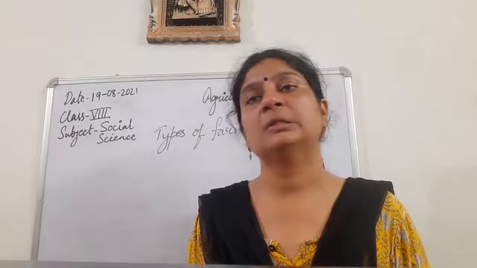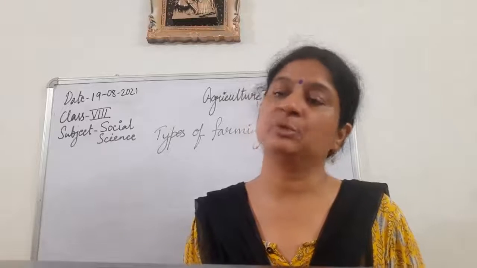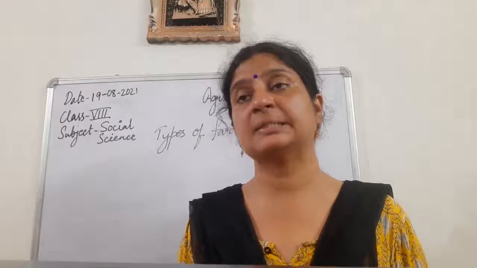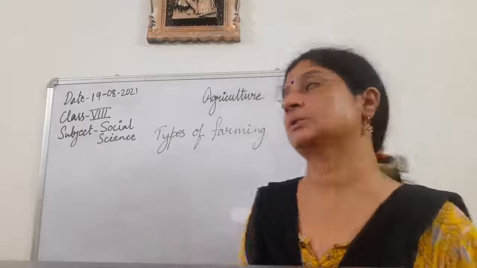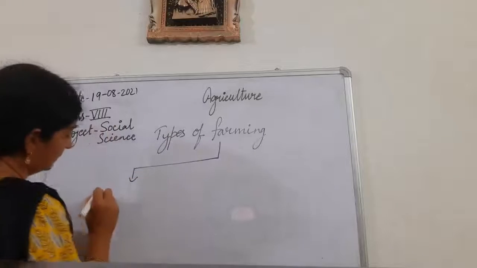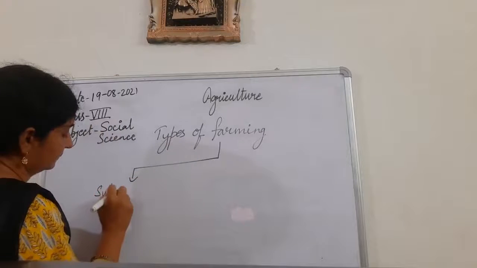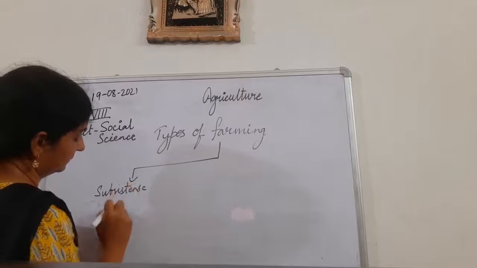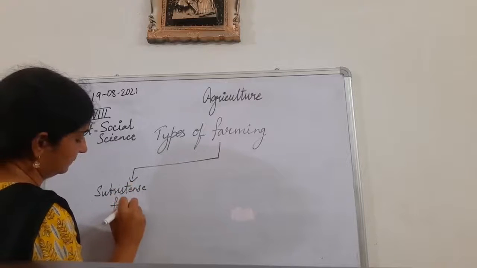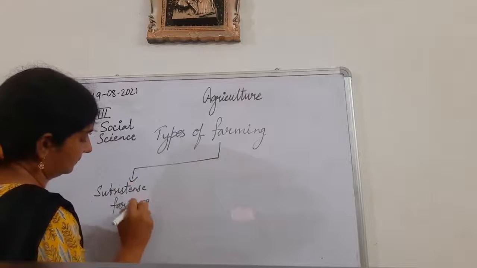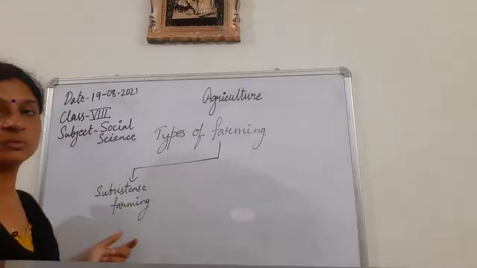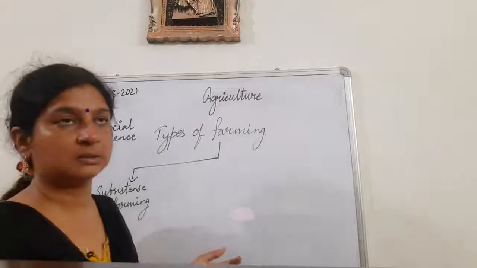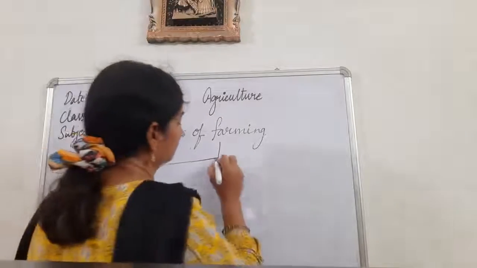So what are the two main types of farming? The first is called subsistence farming, and the second one is called commercial farming.